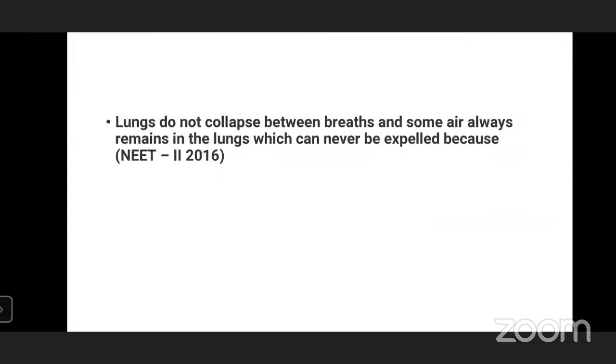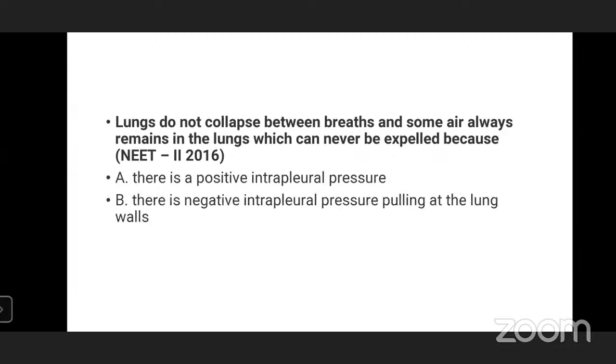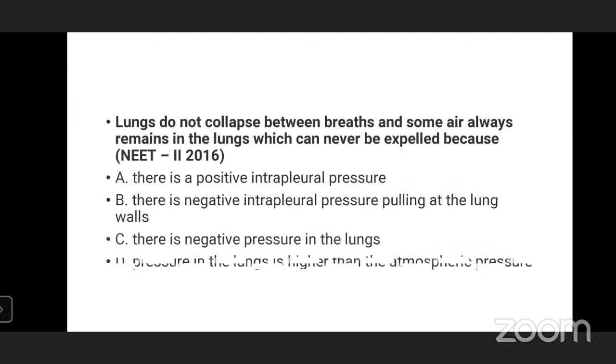Right. The next question is: lungs do not collapse between breaths and some air always remains in the lung, which can never be expelled, because of what? Is it a positive intrapleural pressure, a negative intrapleural pressure pulling at the lung walls, a negative pressure in the lungs, or pressure in the lungs higher than the atmospheric pressure?